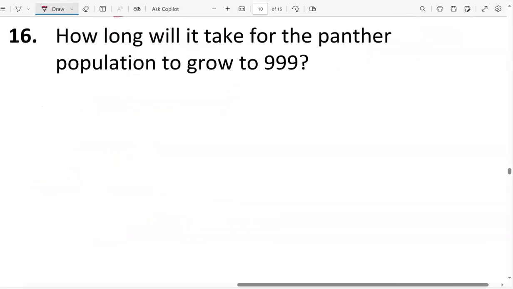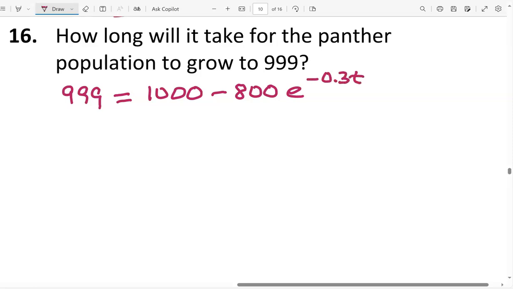The last one's kind of an interesting question. How long will it take for the panther population to grow to 999? So I'm going to replace P with 999, and then we'll solve for t. And so subtract off 1,000. 999 minus 1,000 is negative 1.